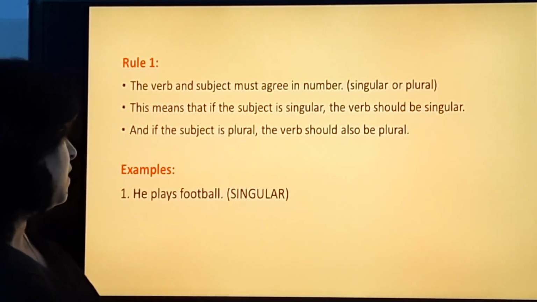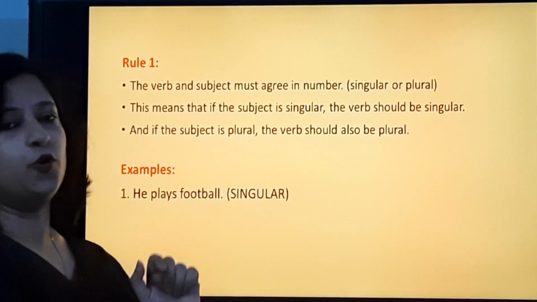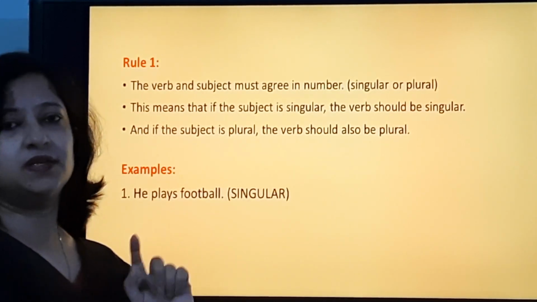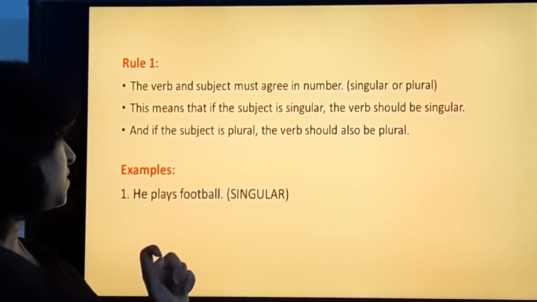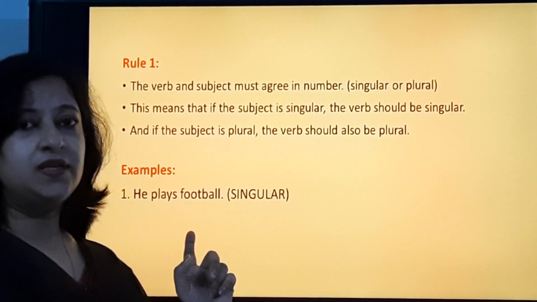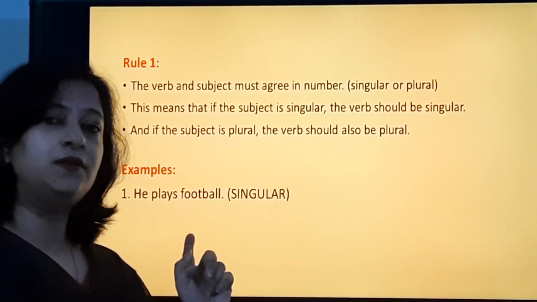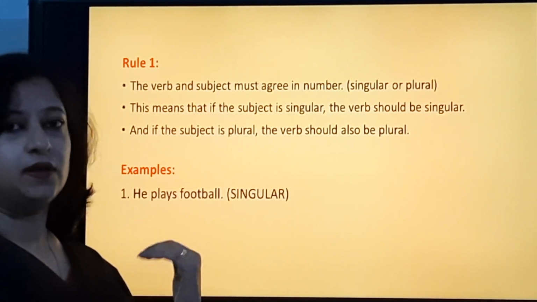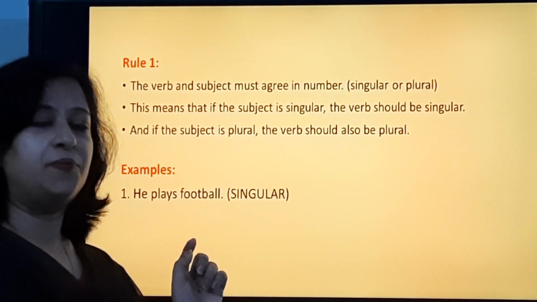Examples. He plays football. Children, you can see very well that he is a singular subject. So with the singular subject, we have used plays. That means the root form of the verb with the addition of s. In some words, it can be es.